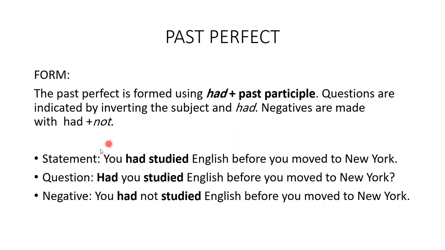This is the inversion. So, had you studied English before you moved to New York? And finally, the negative: you had not studied English before you moved to New York. Notice the negative. The not is with had, and we can use it in contracted form by saying you hadn't studied English before you moved to New York.